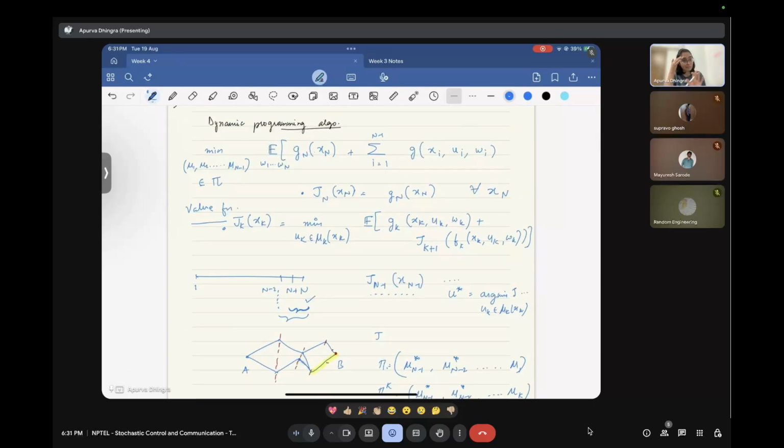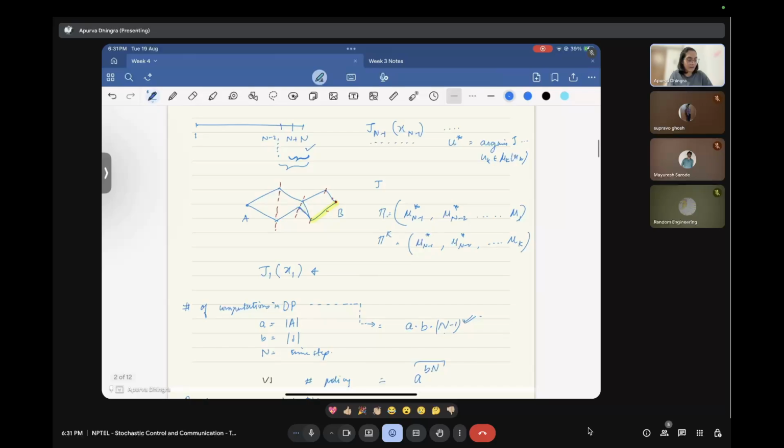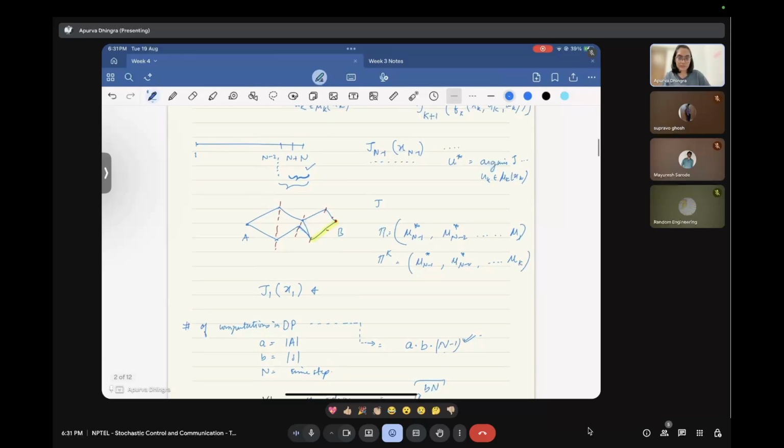It's just a technicality. So at the end of this DP algorithm, we get an optimal value, and at each step we are getting the exact policy that is optimal in the problem.